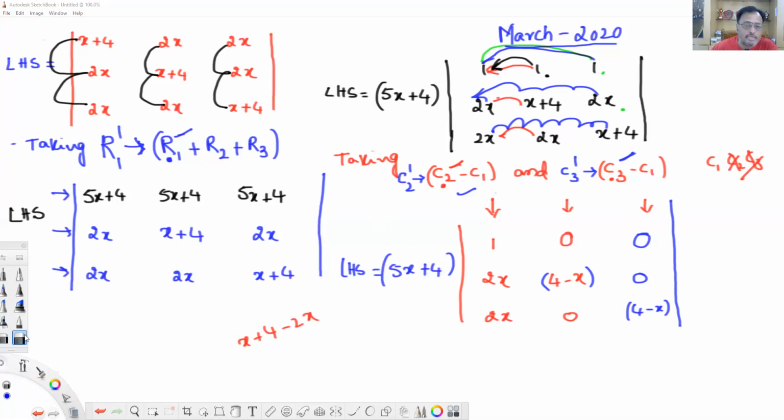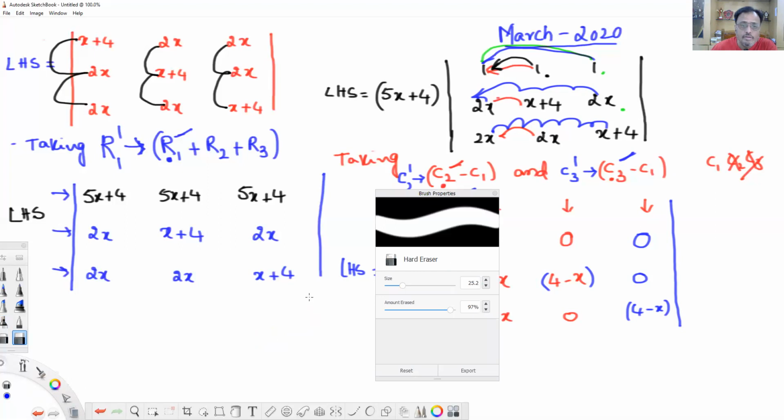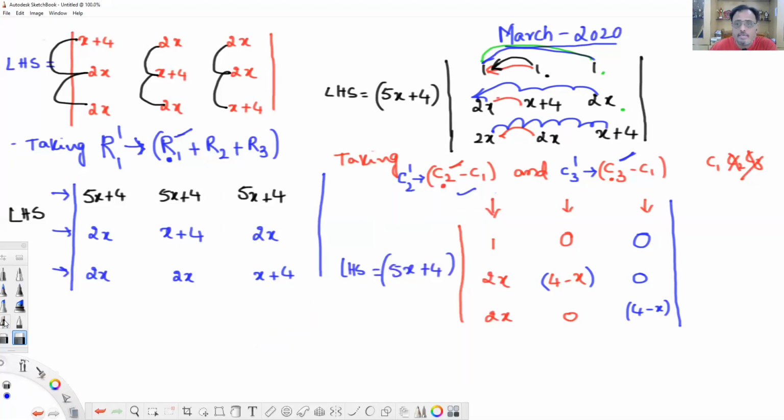My dear students, look here. What will the final result be? LHS is equal to 5x plus 4, hope you can understand. Here you see this is the principal diagonal, and one side of the principal diagonal elements are completely 0.